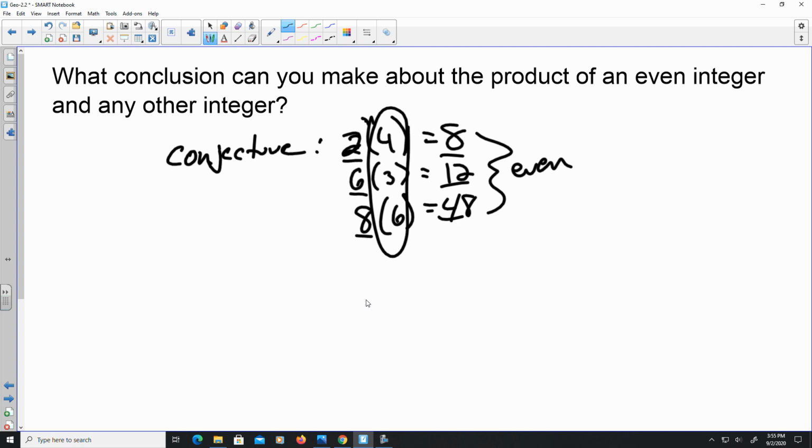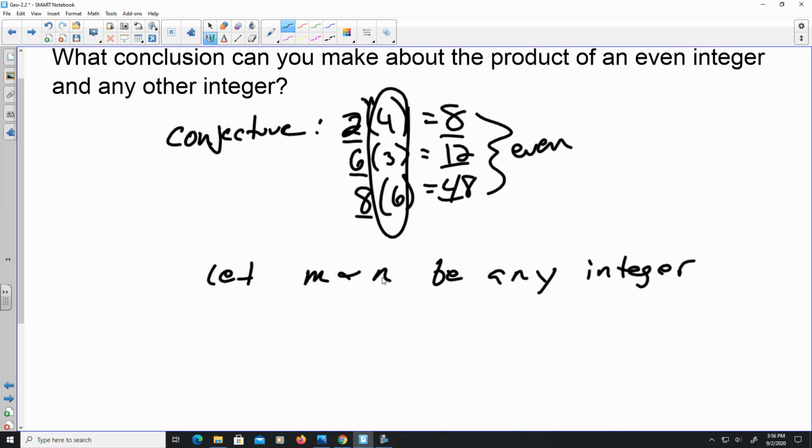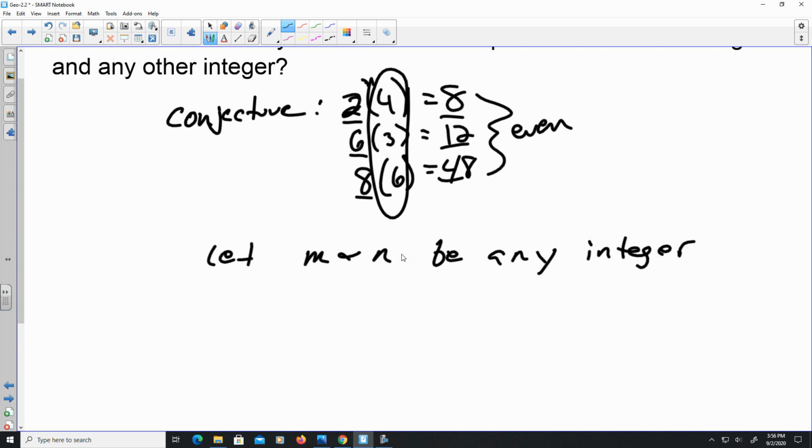So using deductive reasoning, we got to use letters. So in this case, I'm going to let m and n be any integer, whether that's even or odd. All right. I'm going to say that 2m is even.